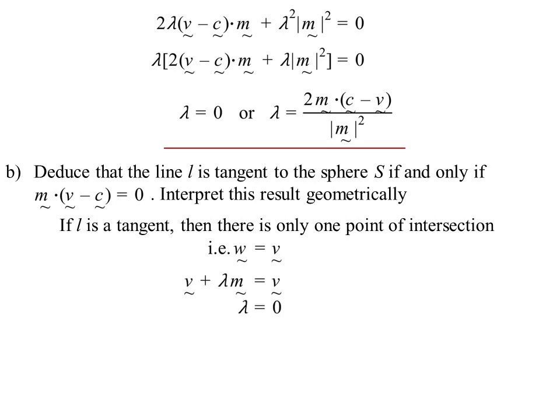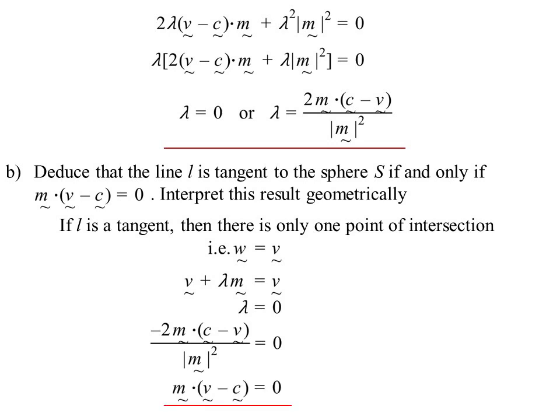So V plus lambda M is V. Lambda is equal to 0. Okay, but that means that minus 2m dot C minus V over the magnitude of M squared is equal to 0. Remember, the other option was that lambda equals 0 anyway. So that one's already 0.